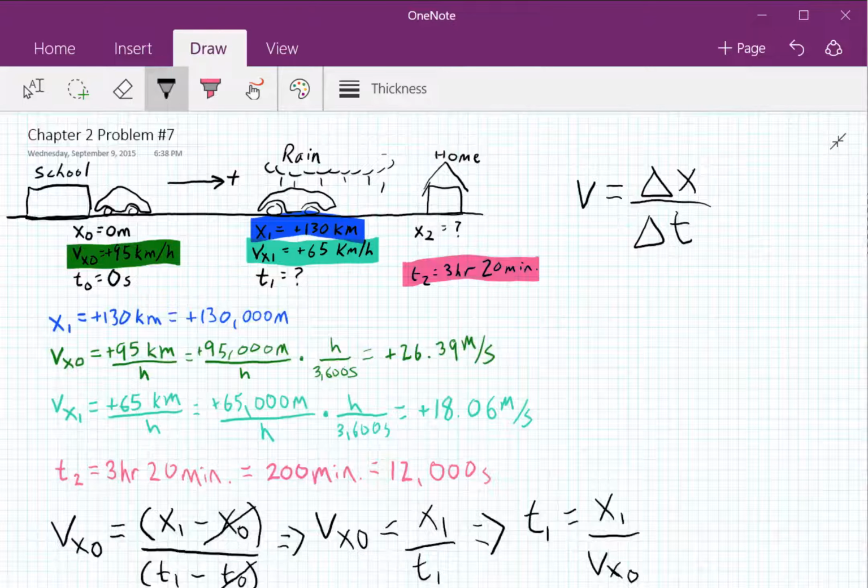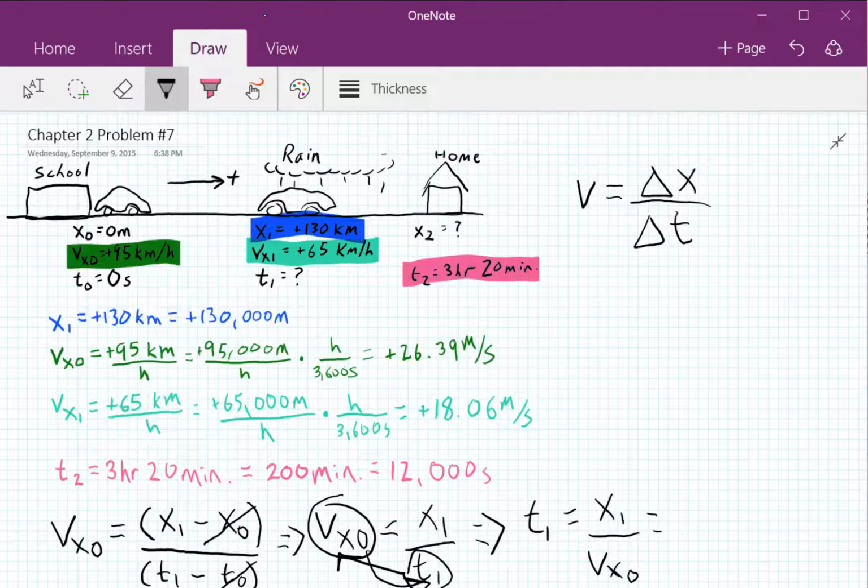So we multiplied t over here, and then we divide by Vx initial so it comes back down here. Okay, so this equation, t1 equals x1 divided by Vx initial, is going to give us our answer. It's isolated now, so we can plug in values.